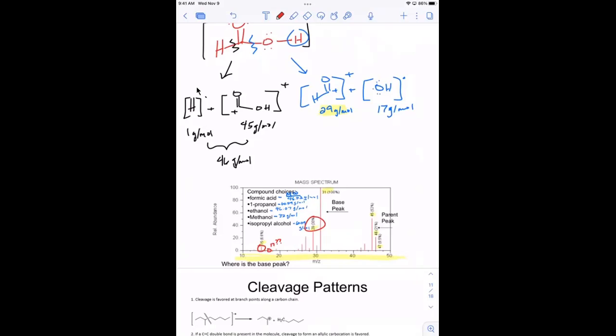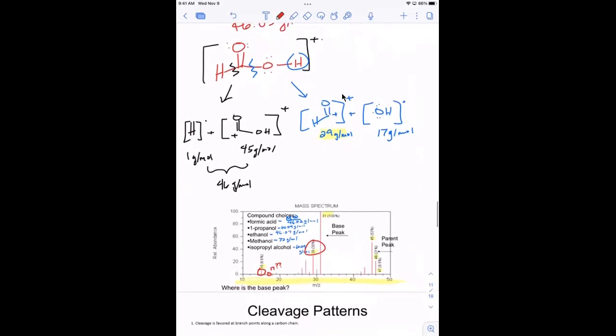25. Right? No. Oh, I was thinking about it too fast. What's the numbers again? 46 and 31. Oh, sorry, 15. But I don't have a functional group present that has a mass of 15 in formic acid, do I? I got 17, I got 29, I got 45, and I got 1.